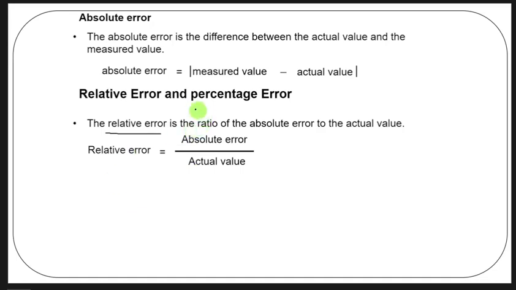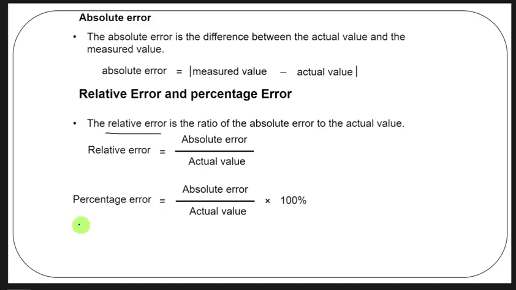Then we have the percentage error. Percentage error is equal to the absolute error divided by the actual value times 100%. So let's do some examples so that you understand.